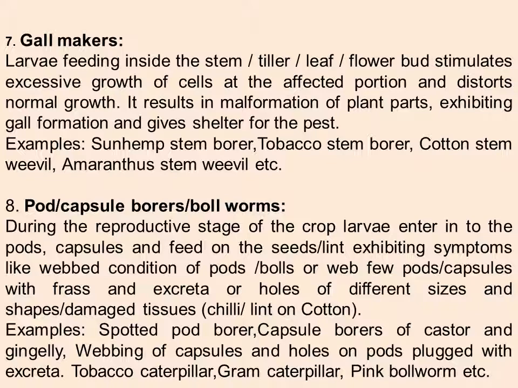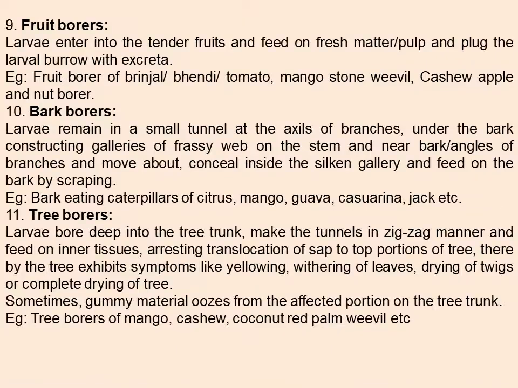From the cotton plant, what we want is the cotton. From the pea plant, what we want is the pea. So the produce which we actually want from the plant, if that is damaged by the insect, then definitely it is going to cause an economic loss, and it is a harmful insect and will be termed as a pest.